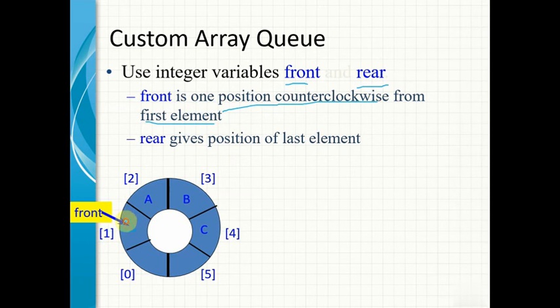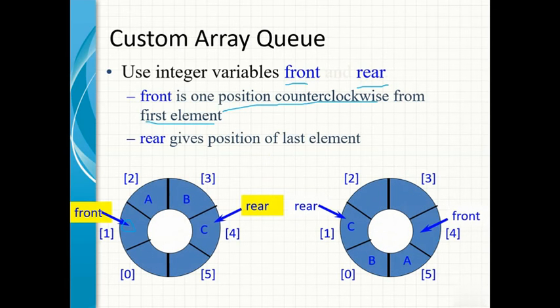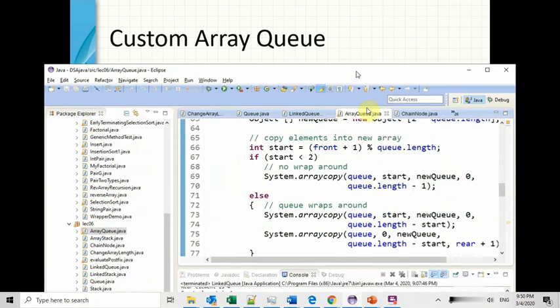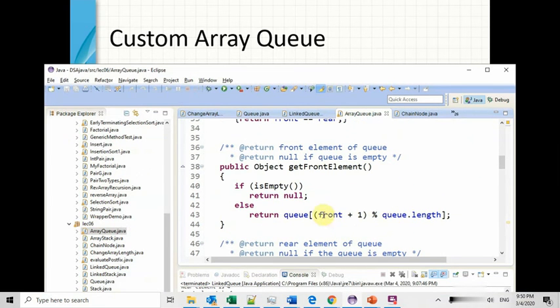And the rear will be the last one. So in this case, the front will be pointing at index 4, and the rear will be pointing at 1. So it will keep track of the front and the rear. And that's why, when you get the front element, you can see that it's front plus 1.